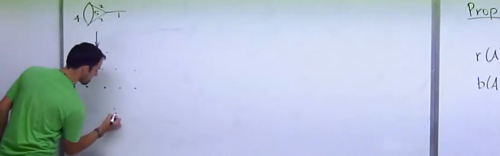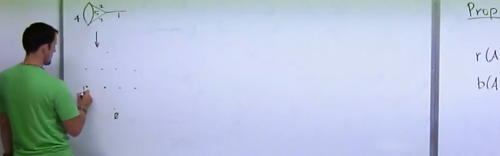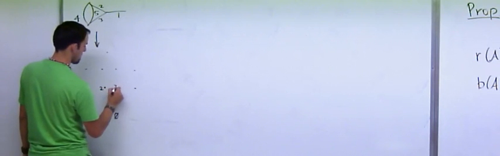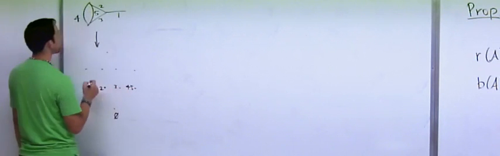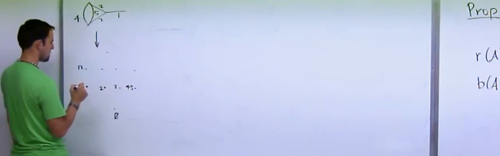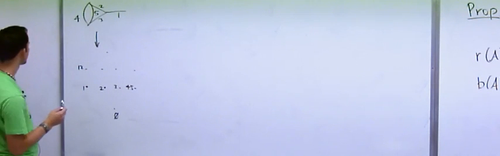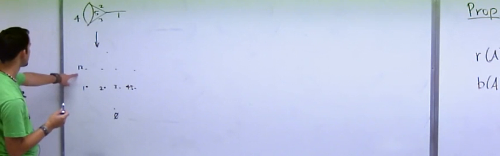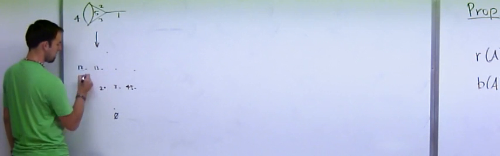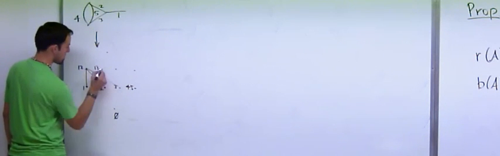So 1, 2, 3, 4, 5. 1, 2. Am I doing this right? 1, 2. Yeah. 1, 3. 1, 4, 5.